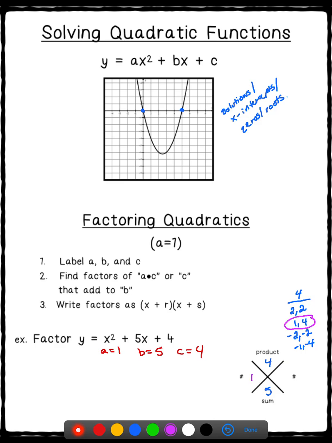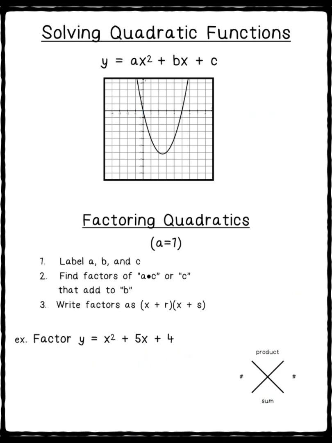So we write those numbers here on the side. And this is a way right here for us to just keep up with all the information we need. So now we finish off by writing our factors. x plus our first factor 1, times x plus our second factor 4. And that's it. We're done with this one.